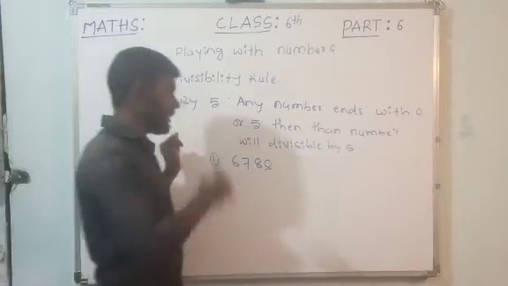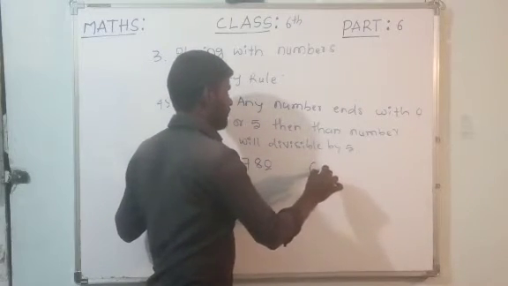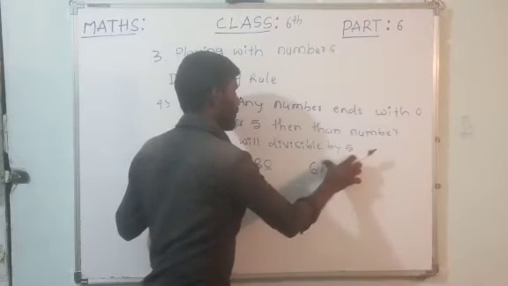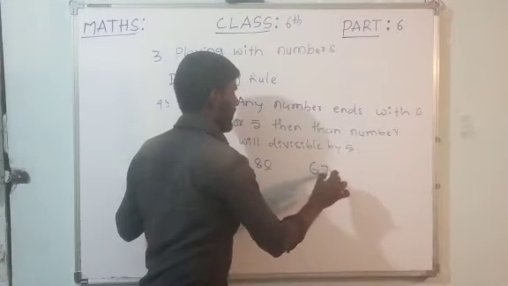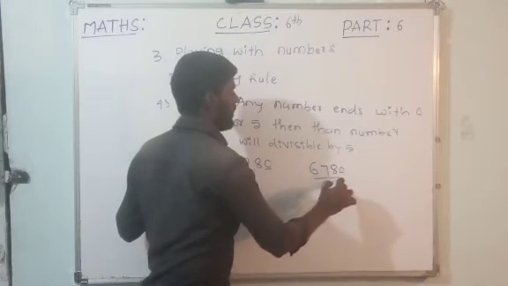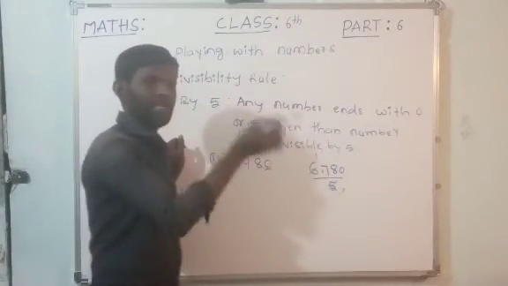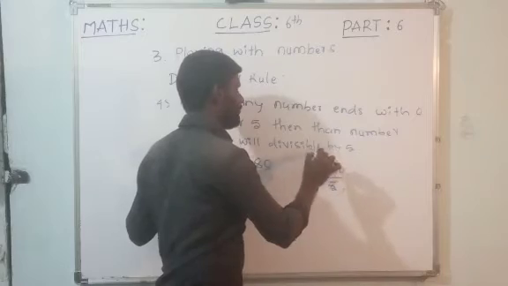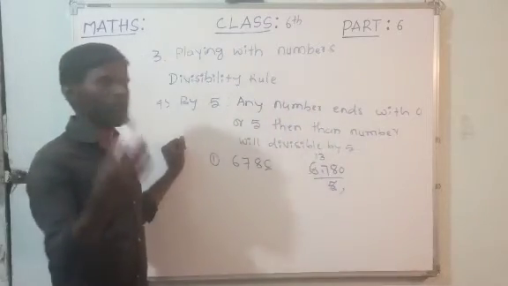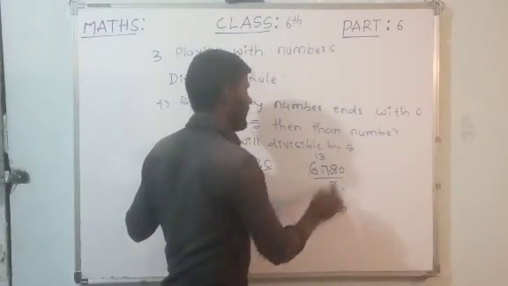If you want to see, 6780 divided by 5. 5 ones are 5, 1 is left out, bring down to make 17. 5 threes are 15. 17 minus 15, 2 is left out. That will be 28.